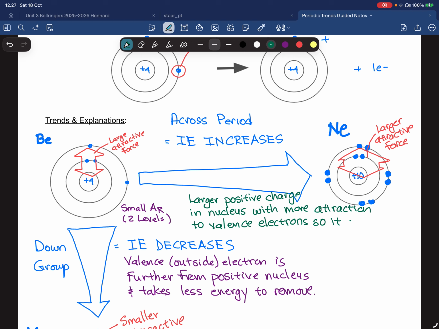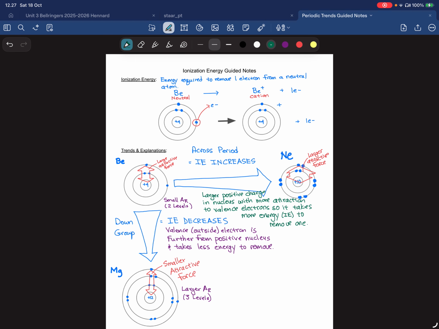So it takes more energy, ionization energy, to remove one. And that is why ionization energy increases across a period.